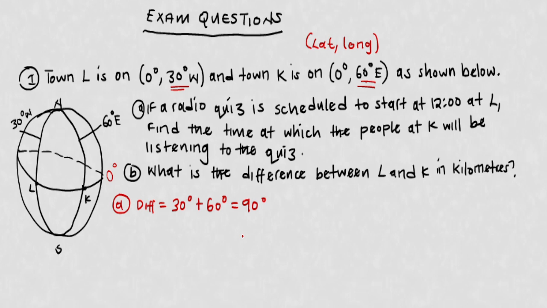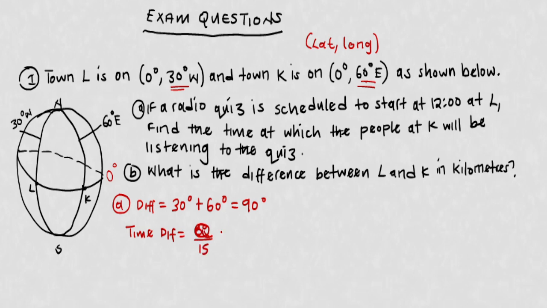After you find the difference in longitudes, proceed to find what we call time difference. Time difference is found by taking the difference in longitude, which we can call theta, and dividing it by 15. So what are we going to do here?